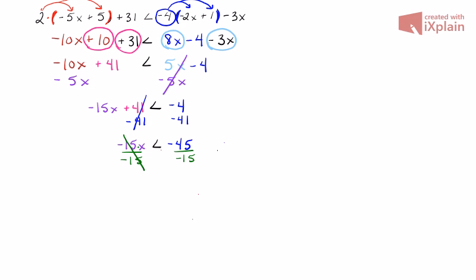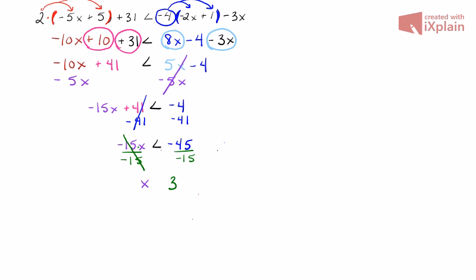So note here that, again, what I do to one side, I must do to the other, because it's all about that balance. So as a result, we will have x, and I'm going to go straight to the number piece here. So negative 45 divided by negative 15. A negative divided by a negative will give me a positive number, and it's going to be a 3.